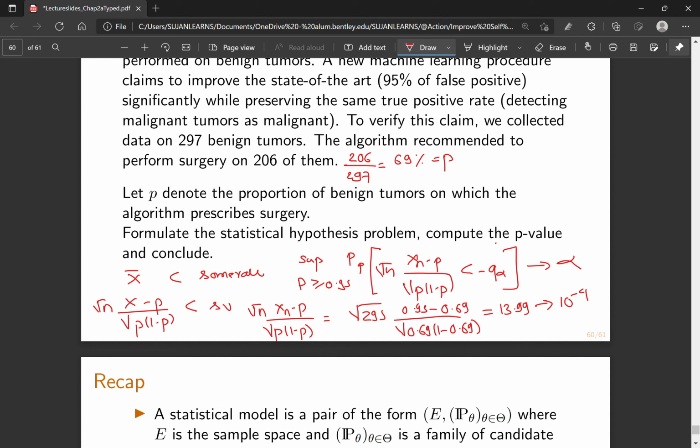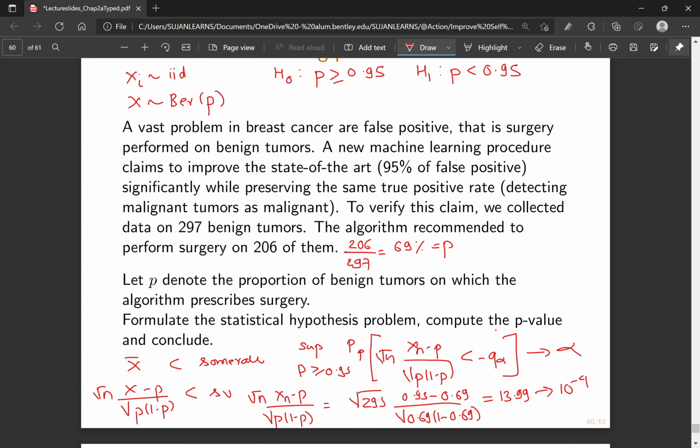Now, this value is really small. Is there a better way to improve on this? Let's say if you want to get this number small, how do you do that? We can say that this new machine learning model reduces the false positive rate from 95% to 70%.